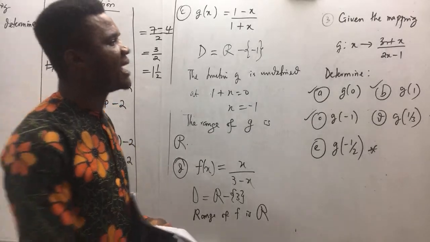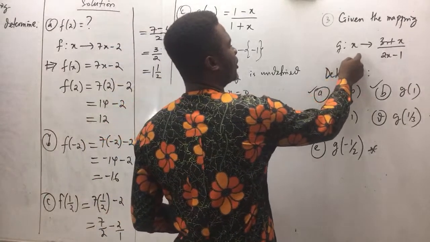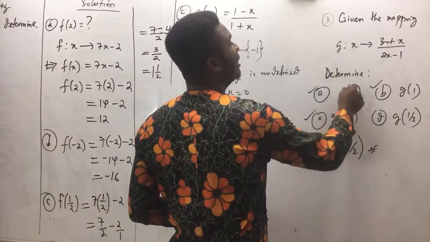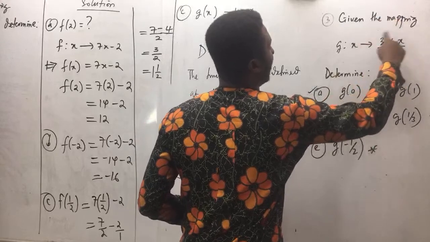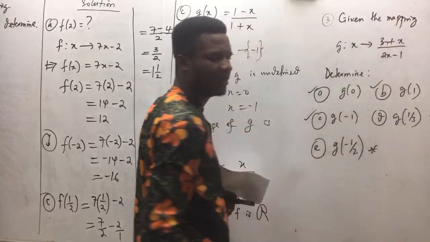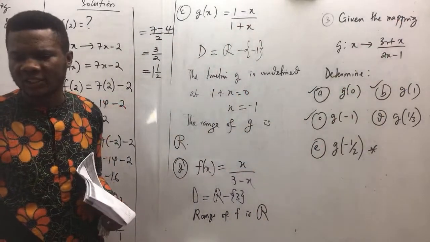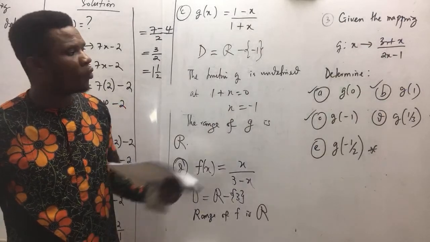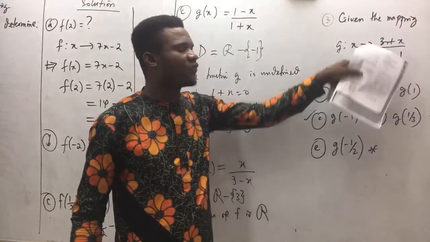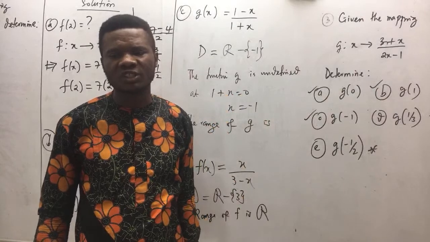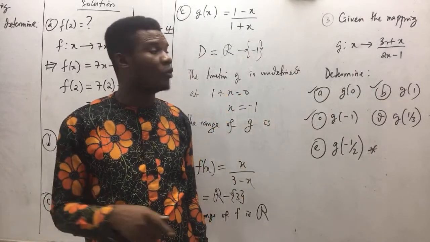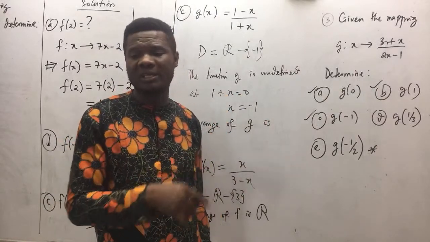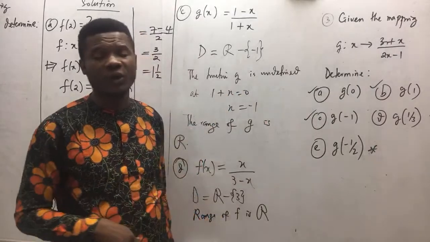So the answer, guys, when asked what the domain of this function is, it is the set of all real numbers excluding the value of x, 1 over 2. When x is 1 over 2, this function becomes undefined because x being 1 over 2 will make the denominator 0, and when the denominator is 0, the function will be undefined.